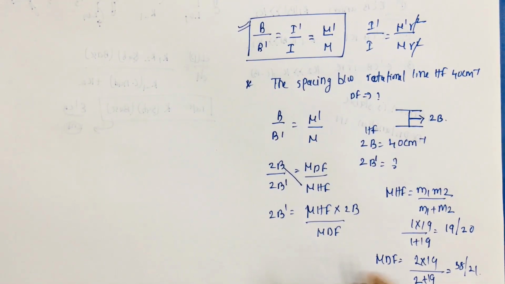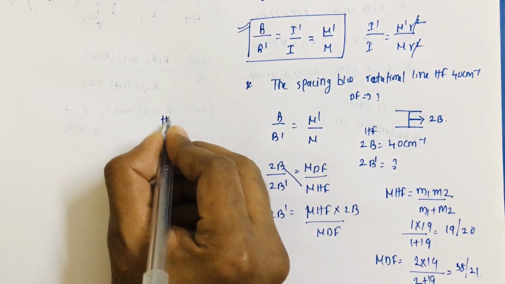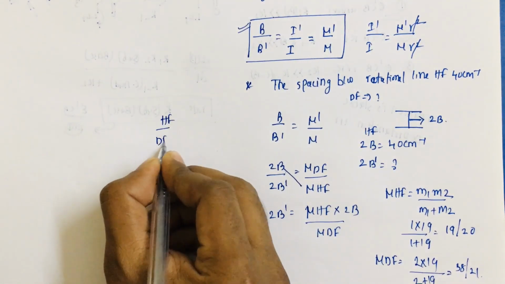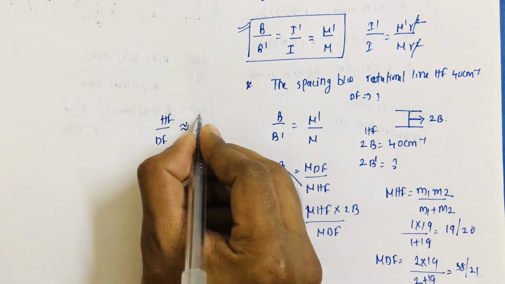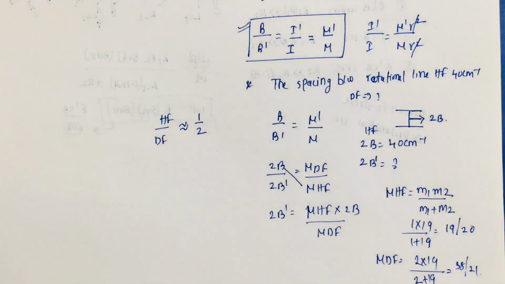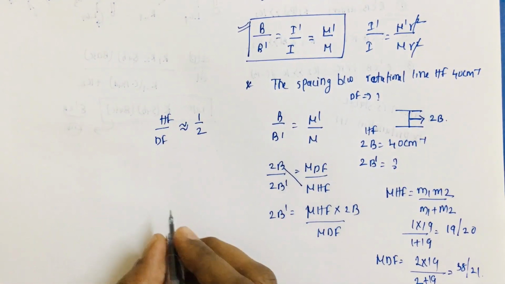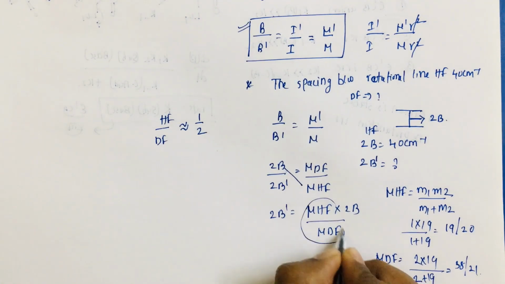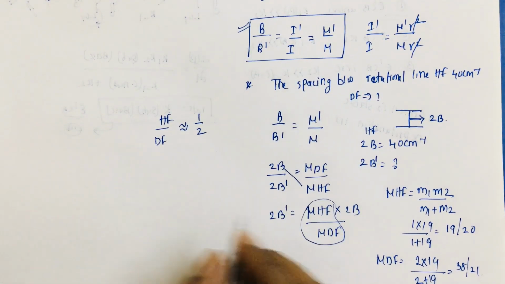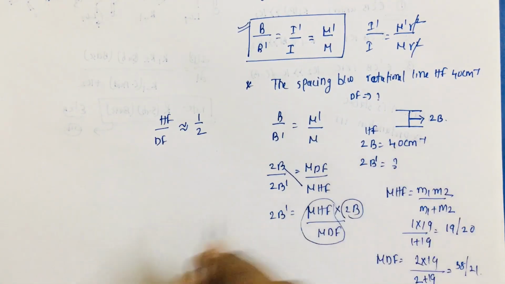Okay, so as we can see, nu HF by nu DF is almost equal to 1 by 2, because 19 twos are 38, means almost equal to half, right? So this whole term became 1 by 2, and the 2b value we know is 40.